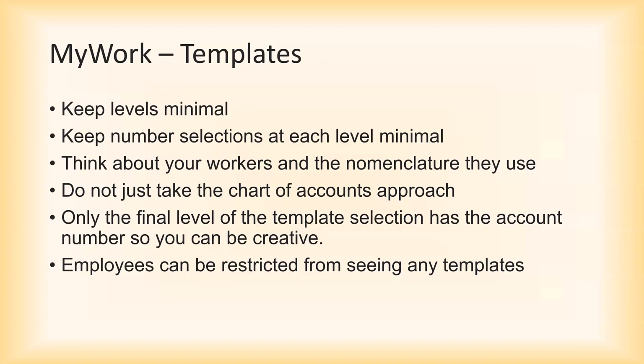All right, templates. One of the things we try to do about templates is make it so that your employees don't have to know about account numbers or A500 or A510 or A512 or anything like that, or the 459. So we try to keep the levels minimal.